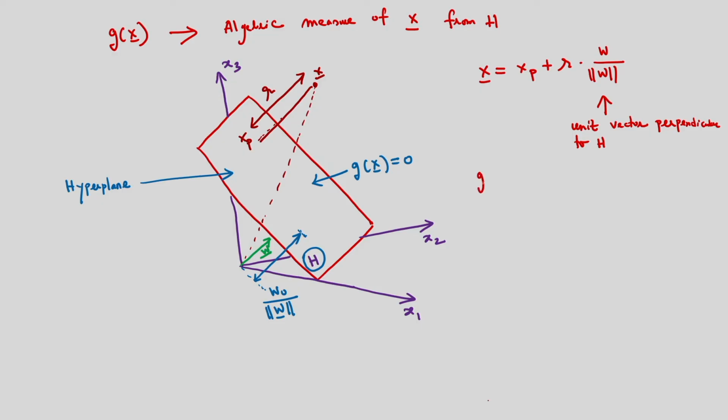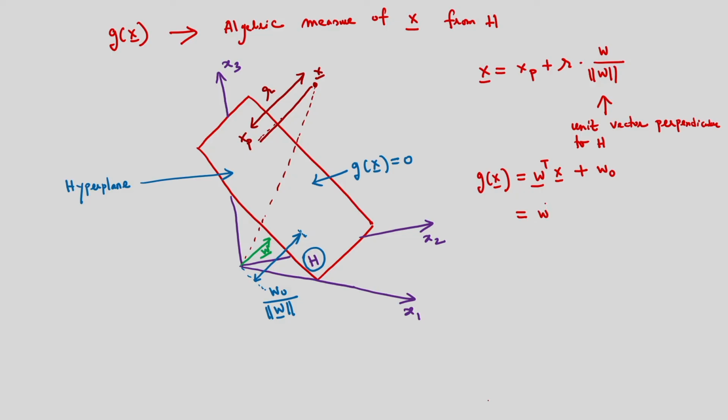So corresponding to this, what is the Gx? Gx is nothing but W transpose X plus W naught. So we know this equation. Now I am just putting the value of X here, because X is nothing but XP plus R and the unit vector.